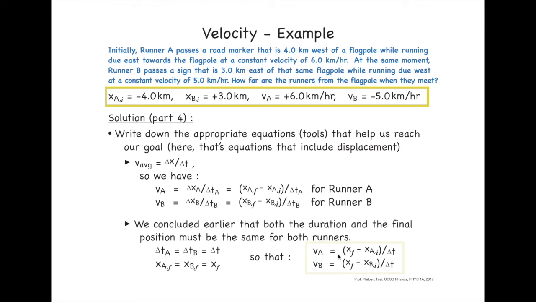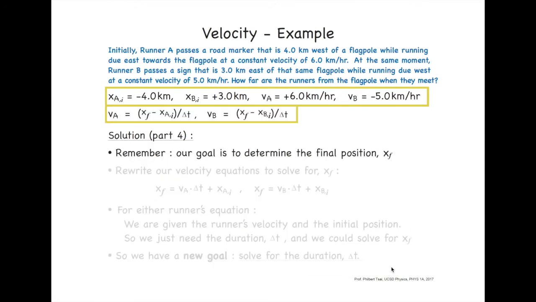We can just say vA is the one and only final position, minus the starting position for A, divided by the one and only duration. And similarly for B, it's x final minus x initial for runner B divided by duration. All right, so we're going to keep that set of equations.